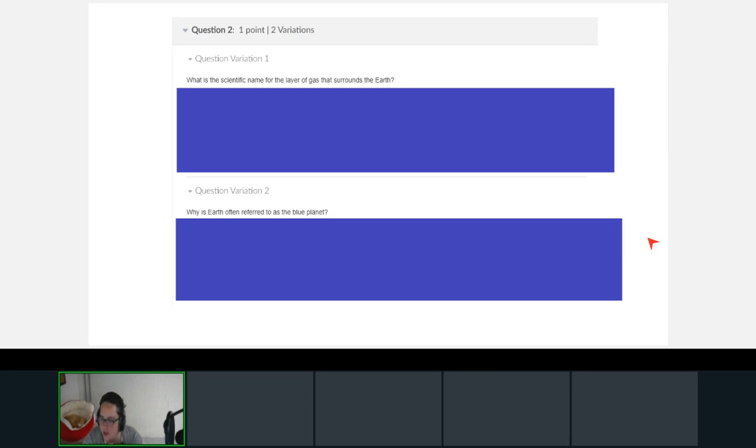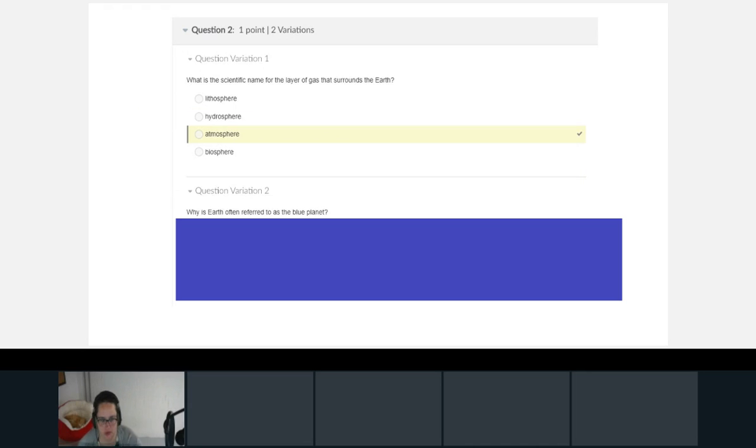So our lithosphere is all of our rocks, Earth's crust. Hydrosphere is the water. Biosphere is all the life. And atmosphere is that layer of gas. So it would be atmosphere.